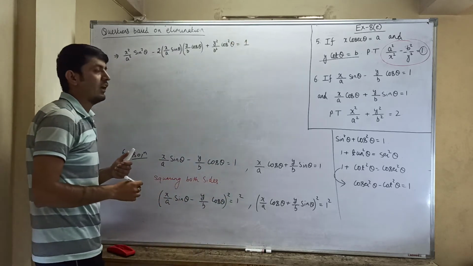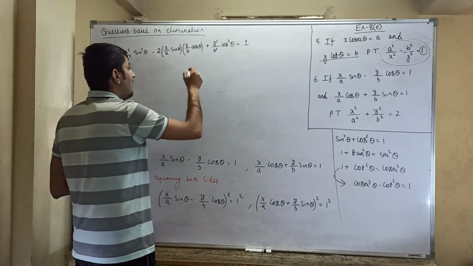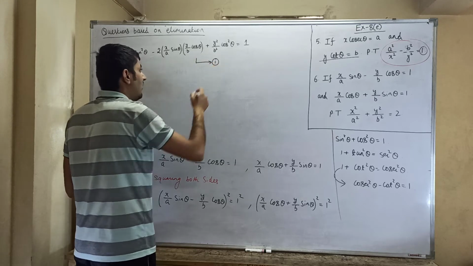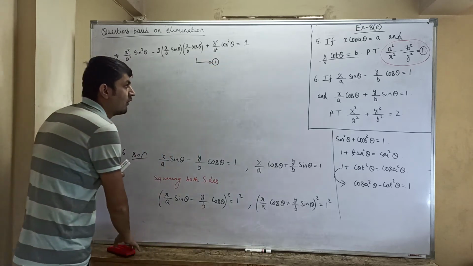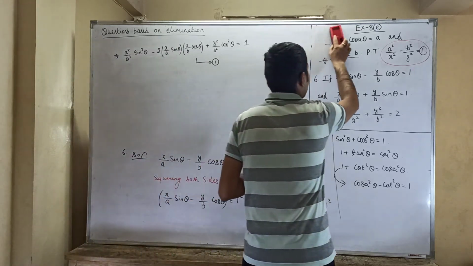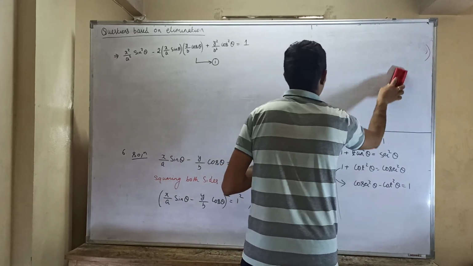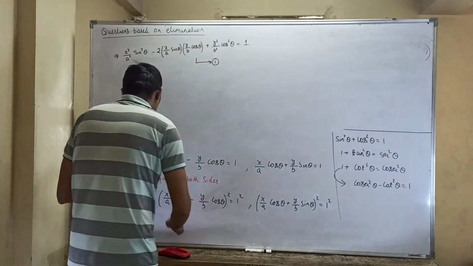1 square you got as 1. Take this one as your equation number 1. And what else are you going to get next? Let us see.